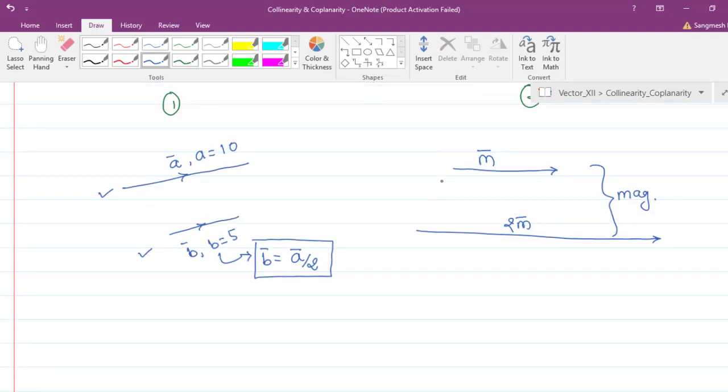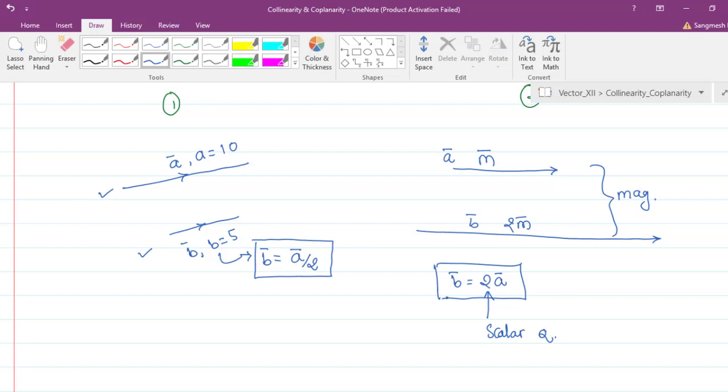Suppose this is vector a bar and this is vector b bar, so how can you write? b bar is 2 times a bar. This is the relation between a bar and b bar, means this is some scalar quantity we are having.